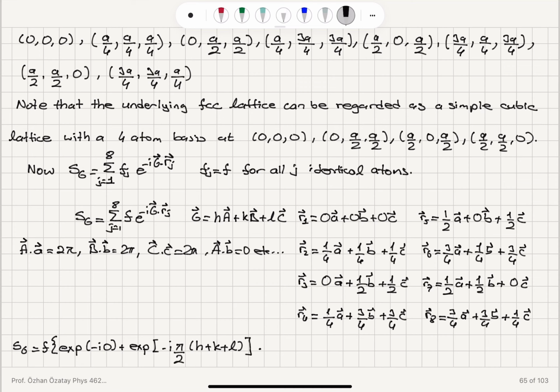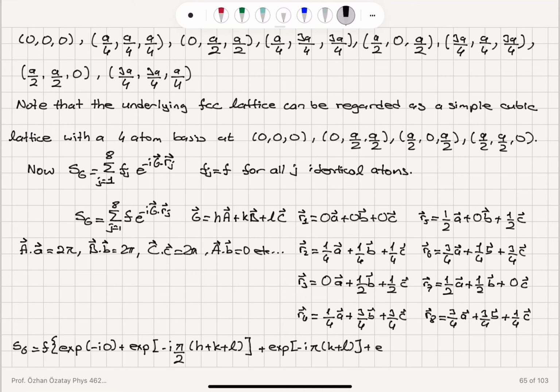And for the third term, we have exponential minus i. 0a gives no contribution, 1/2 b gives us a contribution of pi, because B dot b is 2 pi, 2 pi divided by 2 will give us a contribution of pi, and the same would be for the c vector, so this will give us k plus l.